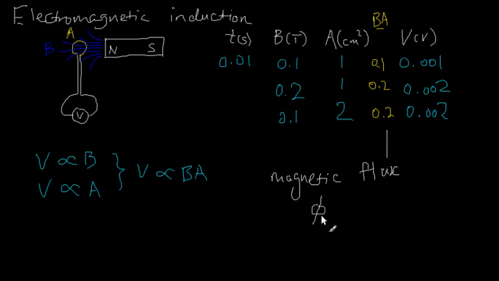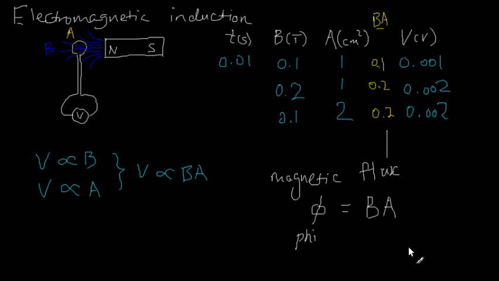It looks like a 0 with a line through it. It's a Greek letter, and it's pronounced phi. In English, one way to write it is PHI. So this quantity, magnetic flux, is defined to be equal to the magnetic flux density times A.